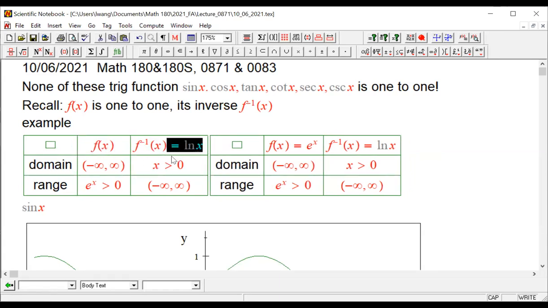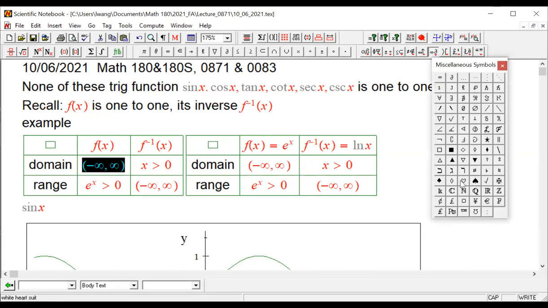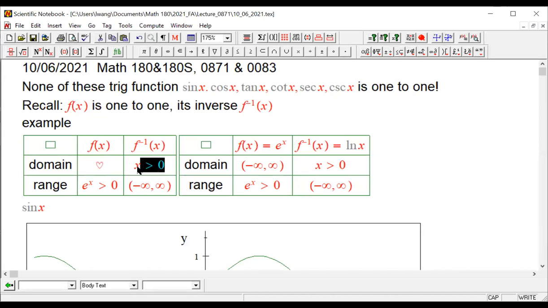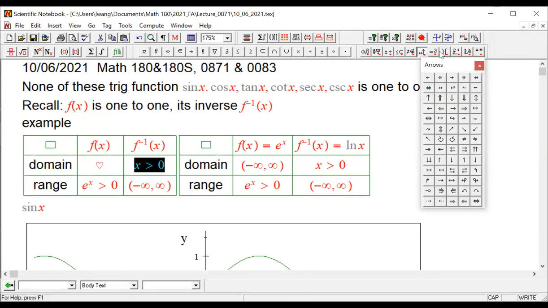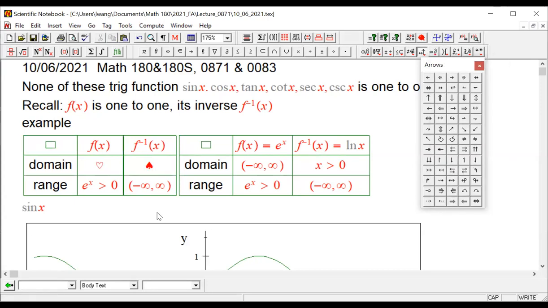For any pair, for example, I'm going to give this domain a name, called heart. And this range, what name should I give it? Spade.